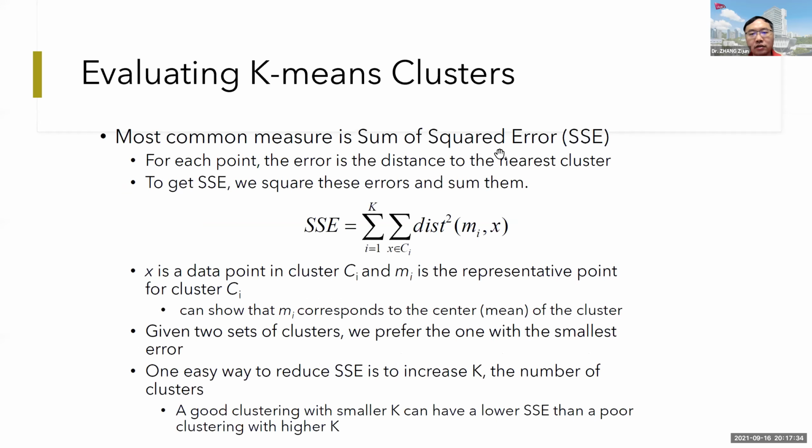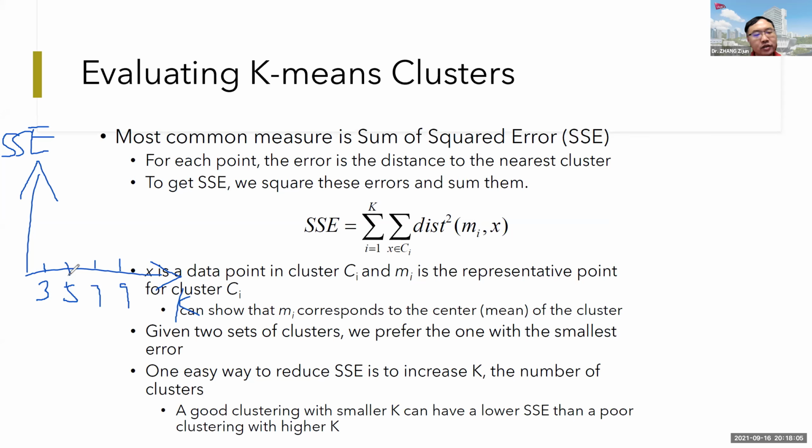All right, so normally, let me draw a figure. Normally, we have this chart, the y-axis is the value of SSE, and the x-axis is the number of K. Basically you start with 3, 5, 7, 9.